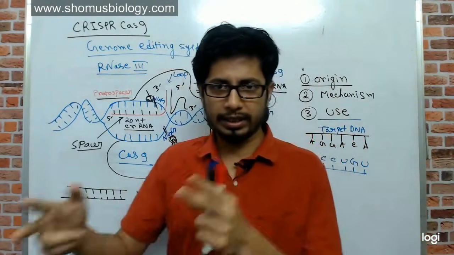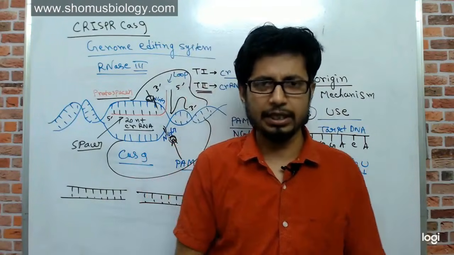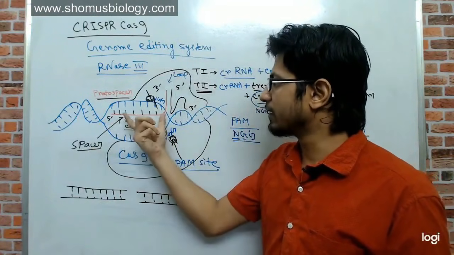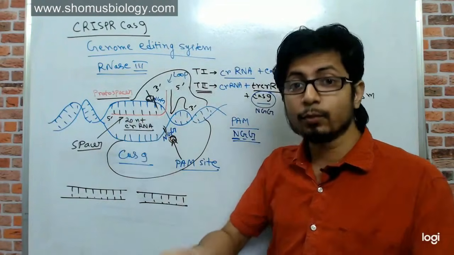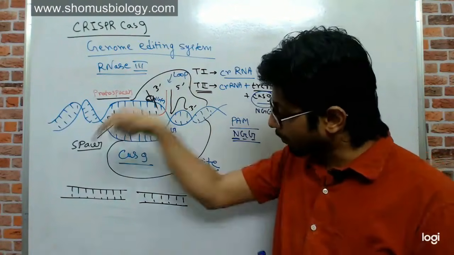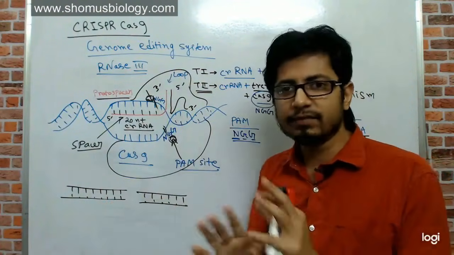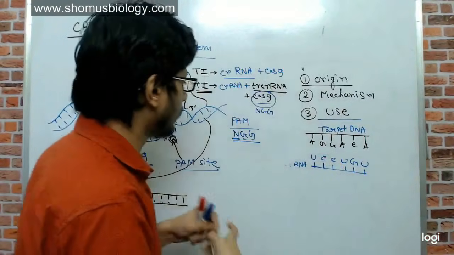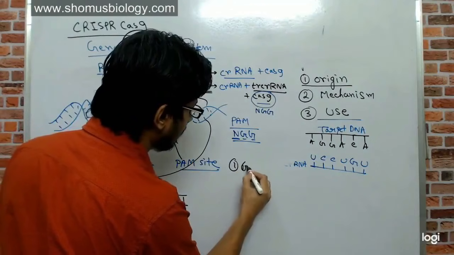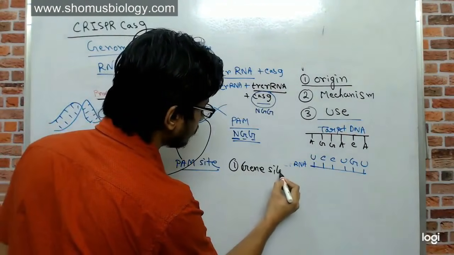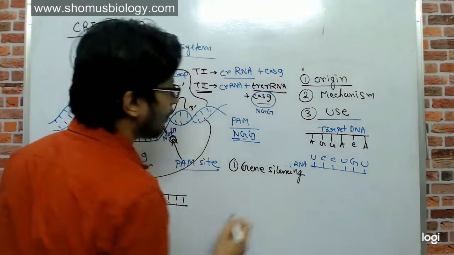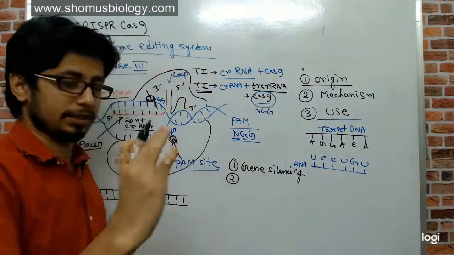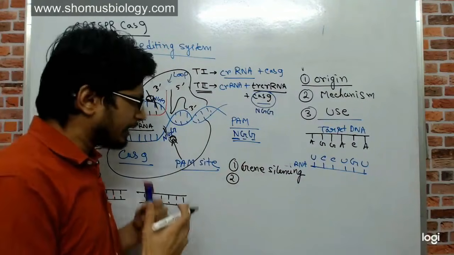If you want to knock out, knock down, or silence a gene, we can use the specific crRNA that we design in vitro and provide inside the cell, and it can cleave the target DNA. That is gene silencing. This is one of the important jobs of the CRISPR-Cas9 system, probably the first important job that was discovered. Now we have discovered many more.